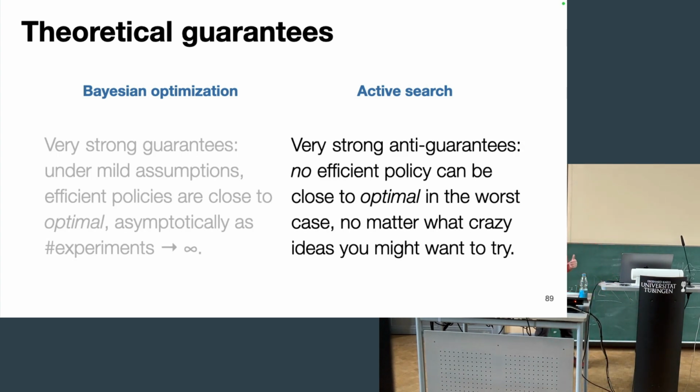So we've been able to show that there is no efficient policy, so no policy that can be computed in polynomial time in terms of the size of the design space, that can have any constant factor approximation to the performance of the optimal policy, which takes exponential time to compute. And so no matter what crazy ideas you want to try, it doesn't matter if it's Bayesian, it doesn't matter what you do, any efficiently computable policy cannot be near optimal for active search.